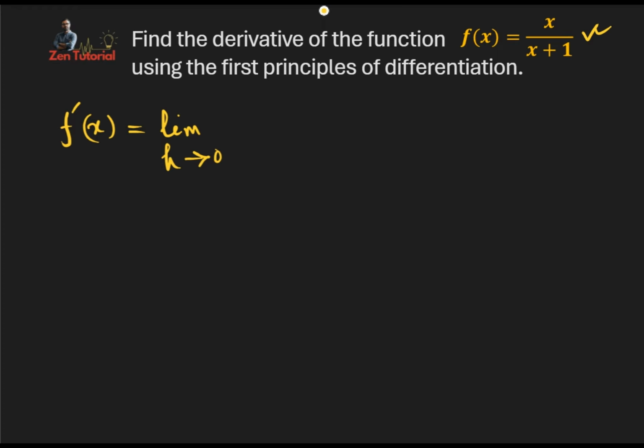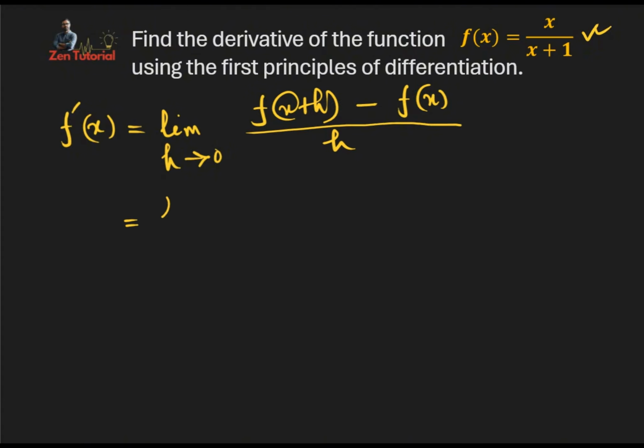So that function's first order differentiation is equal to limit h tends to 0, f of x plus h minus f of x over h. Now the function is x over x plus 1, so limit h tends to 0, so it will be x plus h as the function of x plus h.